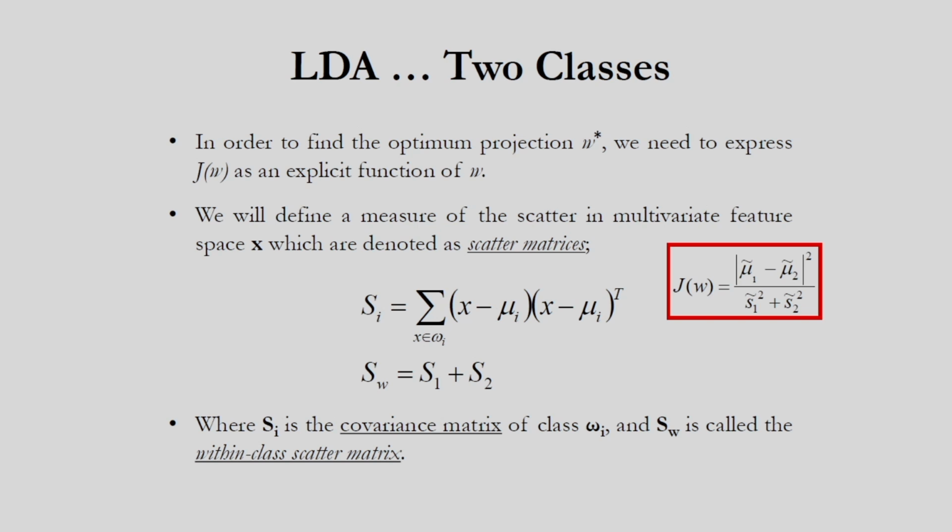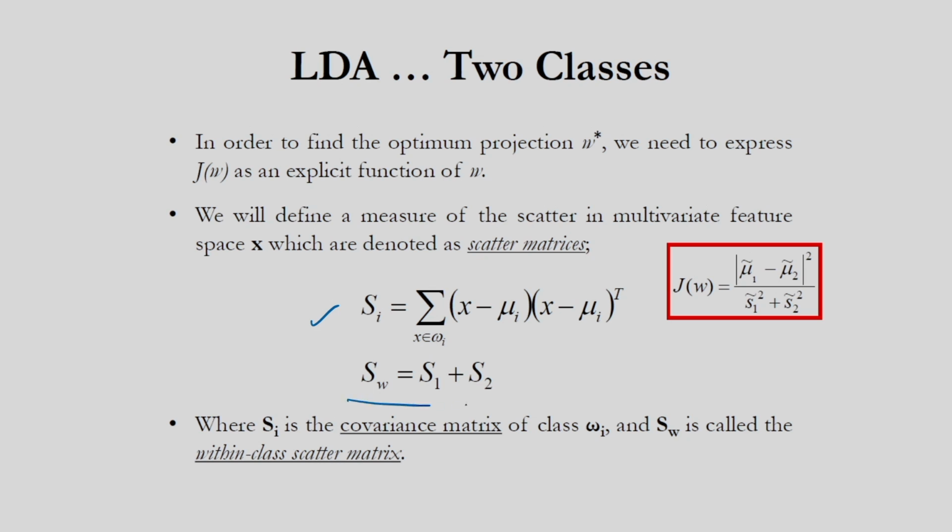For this we are defining a measure of the scatter in the multivariate Fisher space X, which is denoted as the scatter matrix. So I am considering Si. Si is the covariance matrix of the class wi, and Sw is called the within class scatter matrix.